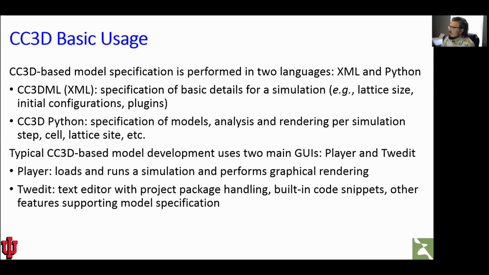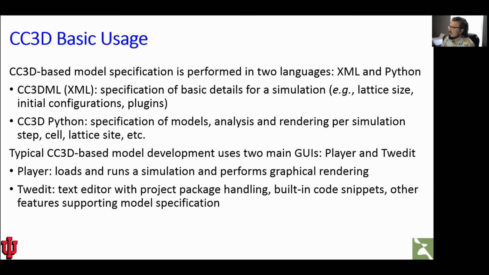So the XML is more higher level simulation specification, whereas the CC3D Python is very useful for intuitive model specification of very fine level interactions.